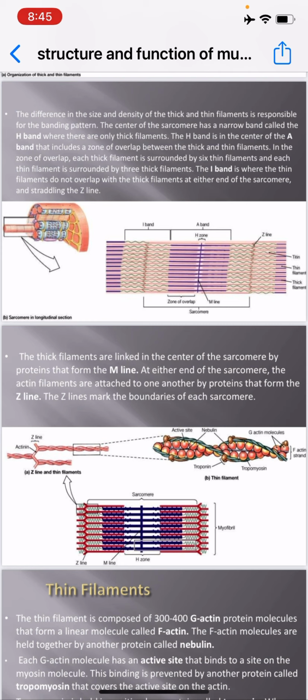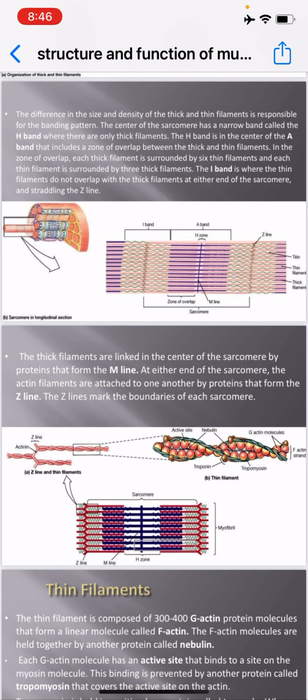The center of the sarcomere has a narrow band called the H band where there are only thick filaments. The H band is in the center of the A band that includes a zone of overlap between the thick and thin filaments.